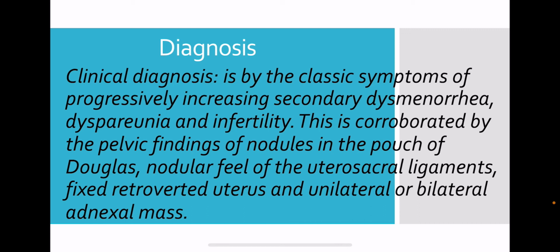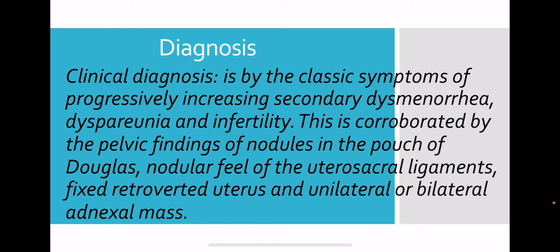Based on these symptoms, you diagnose endometriosis: progressively increasing secondary dysmenorrhea, dyspareunia, and infertility. These are corroborated by the pelvic findings of nodules in the pouch of Douglas, nodular feel of the uterosacral ligament, fixed retroverted uterus, unilateral or bilateral adnexal mass.